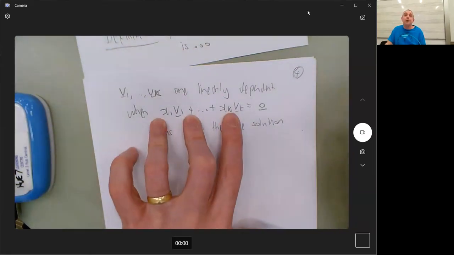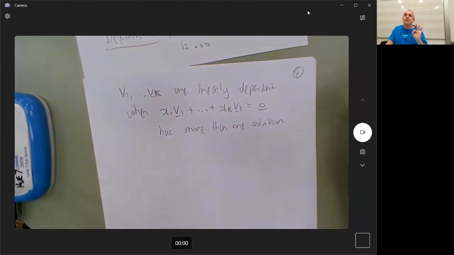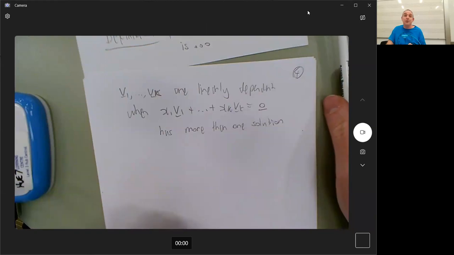All the x's could be zero, but it has more than one. So in particular, it has at least one solution where the x's are not all zero.